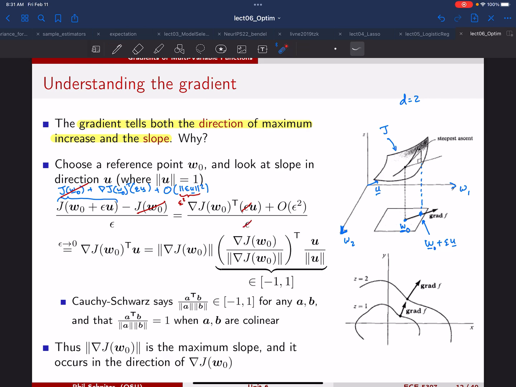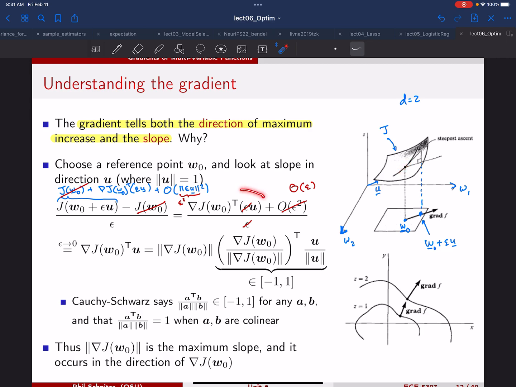And now we also have this second term to look at. So overall, this is going to be order epsilon. The final thing we would like to do is say what happens as epsilon grows small. We would like to know, if I shrink this and make a tiny triangle there, that will measure the slope at that point.